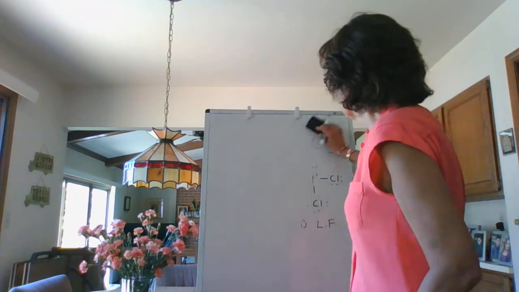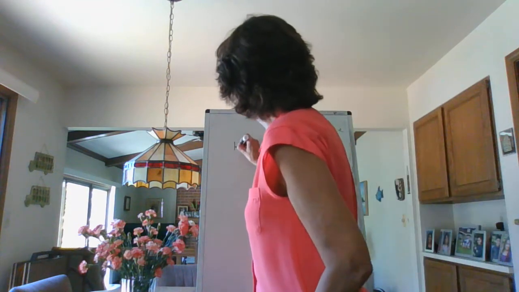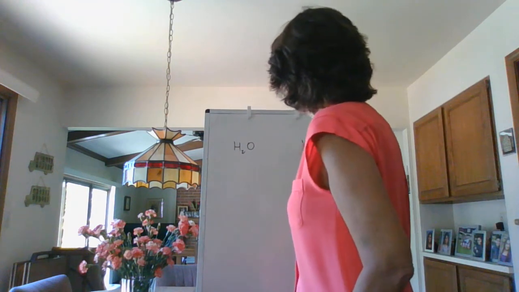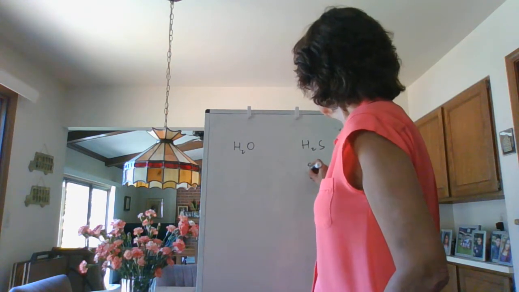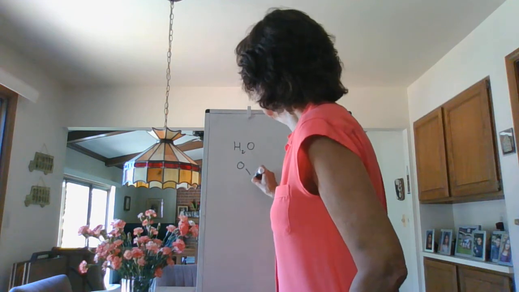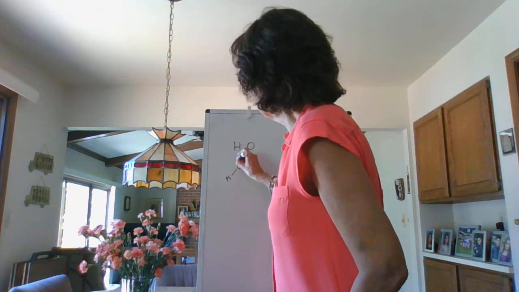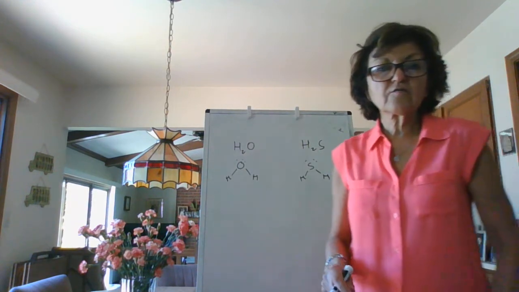The difference between water, H2O, and H2S. They look similar, right? Both bent angular. Which one's going to have a higher vapor pressure?